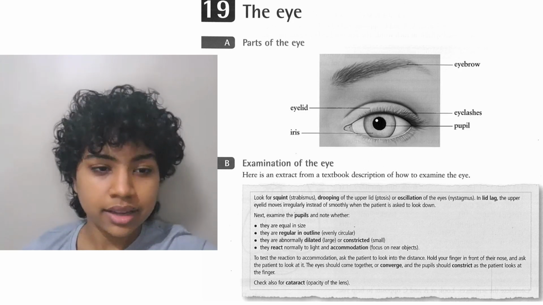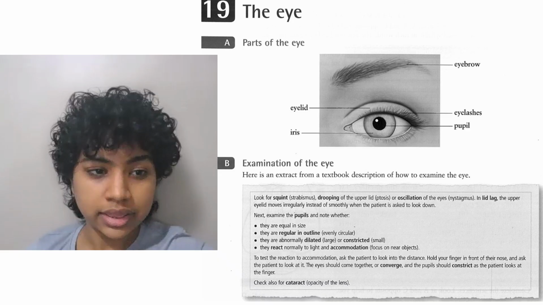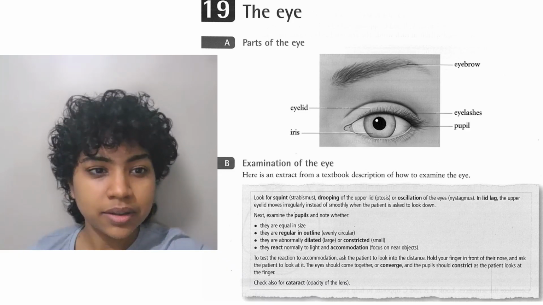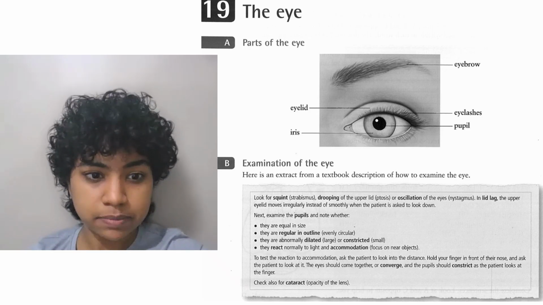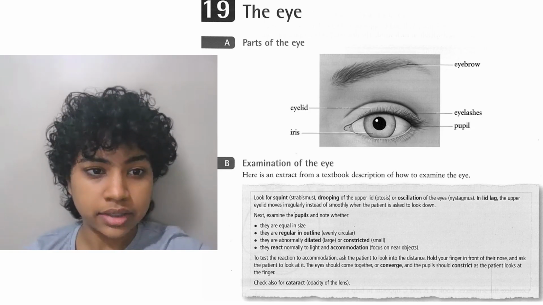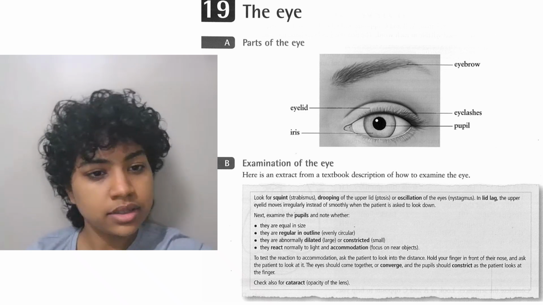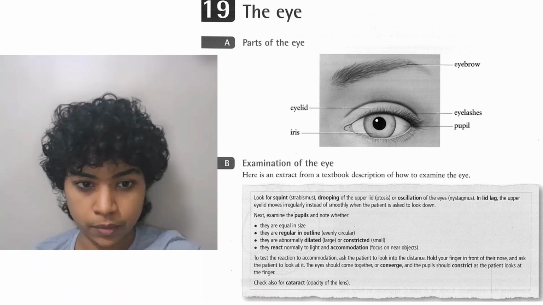In lid lag, the upper eyelid moves irregularly instead of smoothly when the patient is asked to look down.